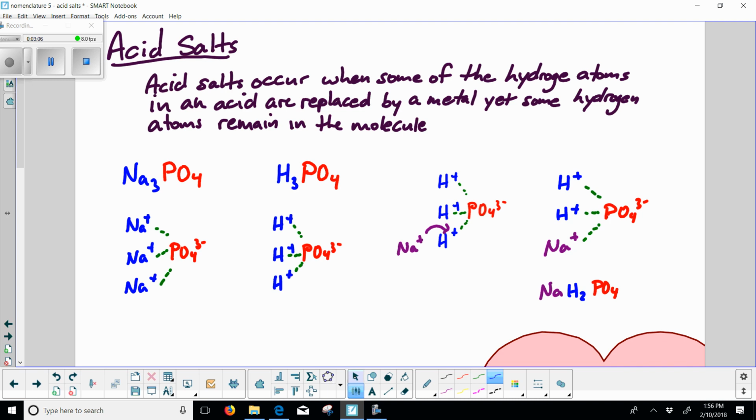So let's look at the name of this. This would be referred to as sodium, because we have the metal first. Now here we've got two hydrogens. We use the prefix di, so dihydrogen. And then we'd include the last part, the polyatomic ion name. So here we have a phosphate. So here we have sodium dihydrogen phosphate. There's no shortcut for this particular one.